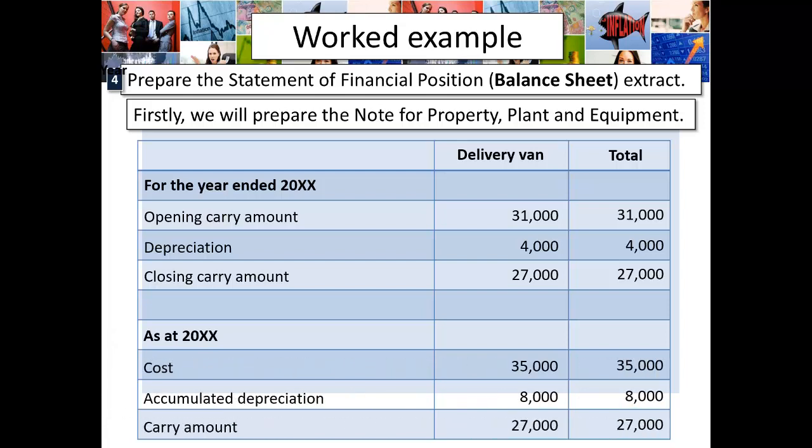So now we have the cost price of the van of $35,000, and the accumulated depreciation year on year for those 2 years, year 1, year 2, is $8,000. So the carrying amount, or the value of the van on our books at the present period of time, is $27,000.